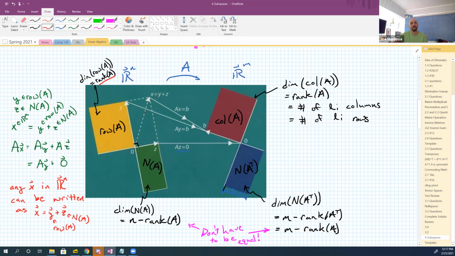How many dimensions does that space have, this whole thing? N. Perfect. That's n space, right? How big is the null space? What's the dimension of the null space?